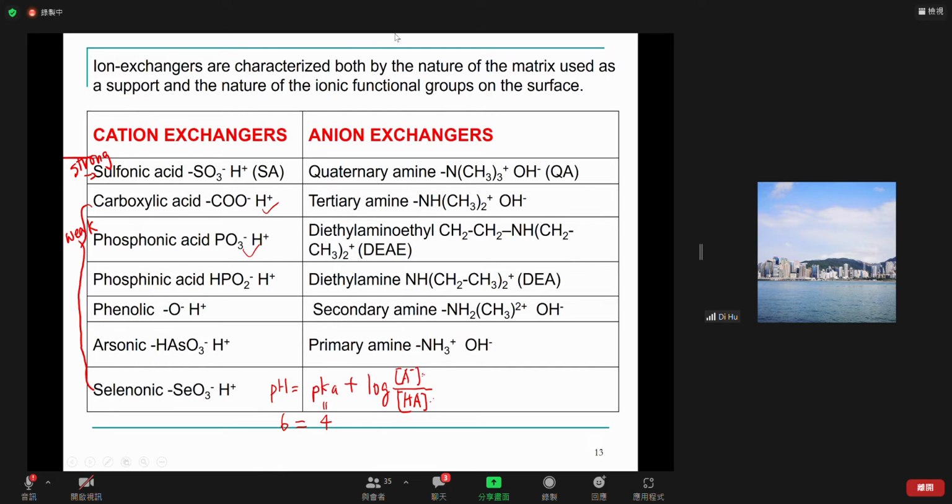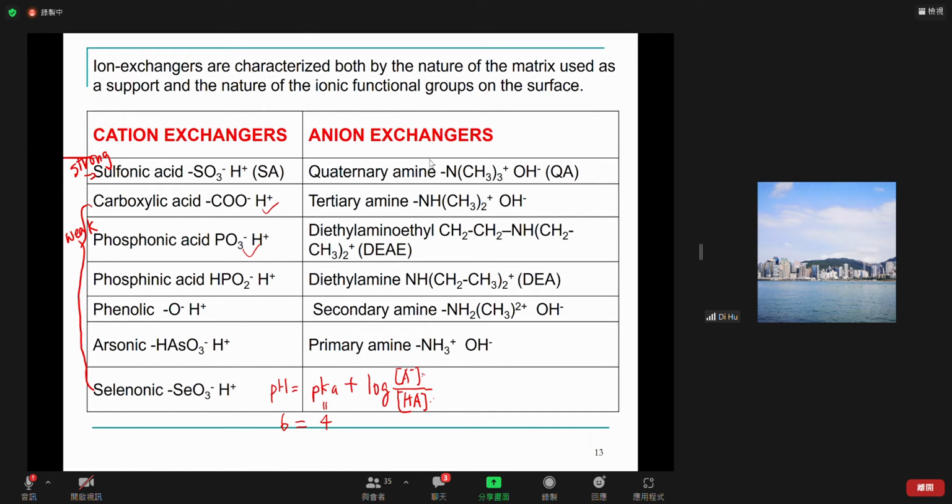If now you have pH equal to 6 and the pKa for this carboxylic acid is 4, the mobile phase pH is 6. So is this carboxylic stationary phase charged, ionized, or neutral? Charged. Very good. Thank you.